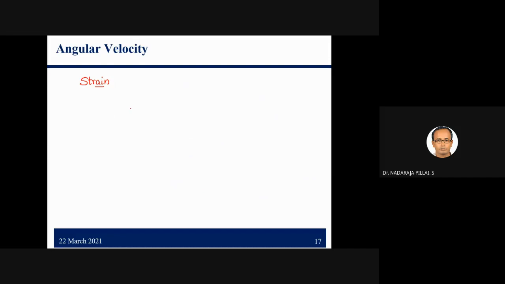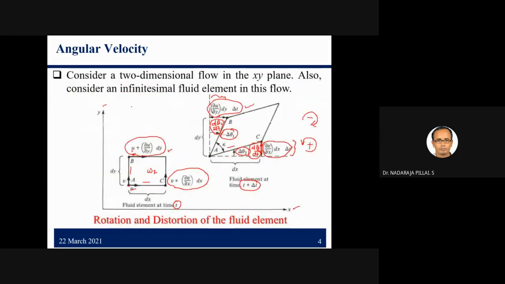We already know that AB and AC are distorted. At time t plus del t, there is a change in AB and AC.